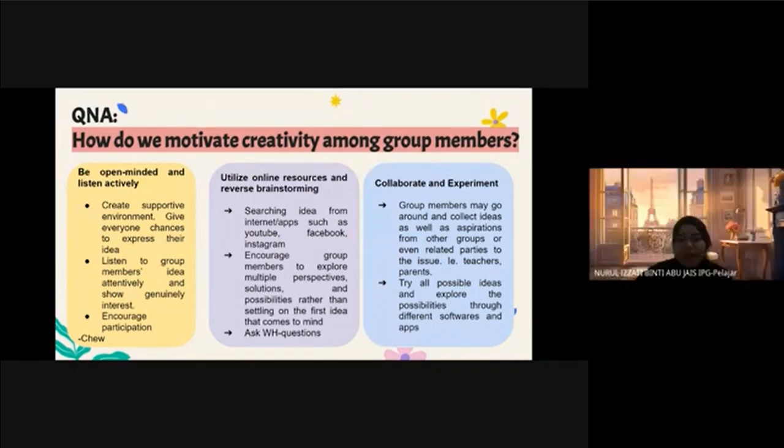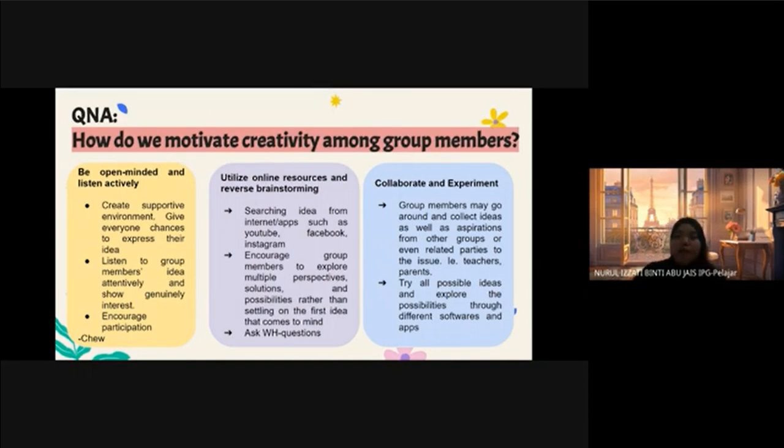All right, and finally, my answer to this question is to collaborate and experiment among ourselves or with other parties. And I think my answer is actually kind of a conclusion from Chu and Wong's answers. Basically, group members may go around and collect ideas as well as aspirations from other groups or even related parties to the issue.